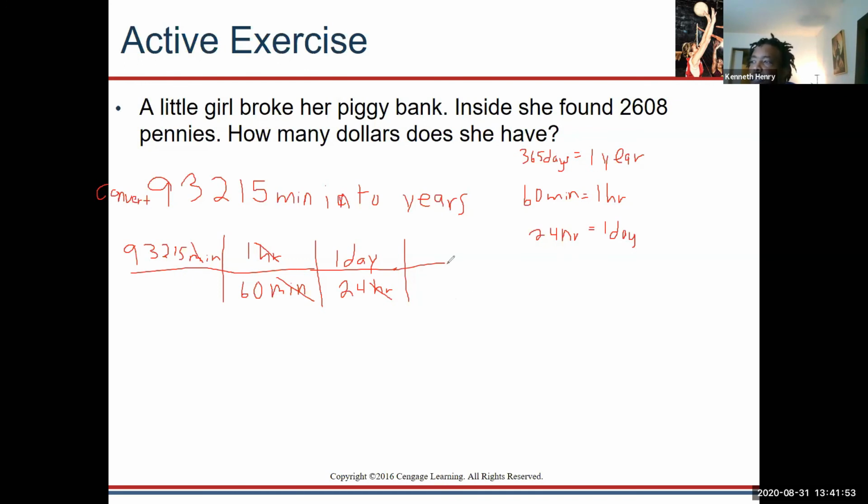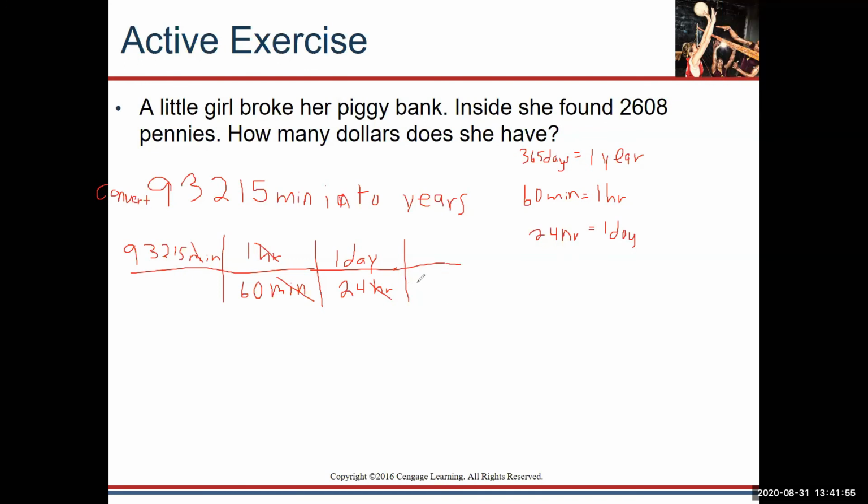Then we use the 365 days; the 365 will go on the bottom and the year would go on the top.